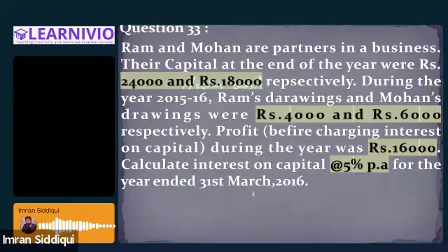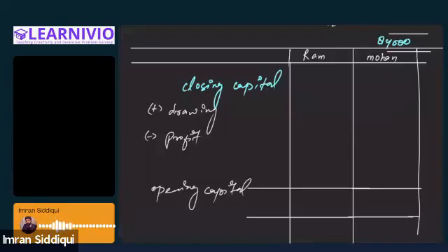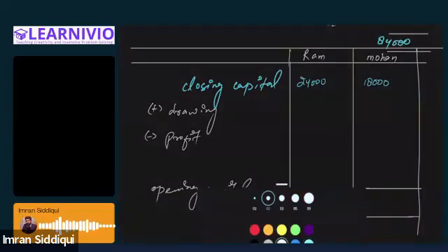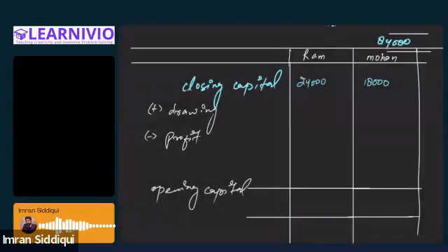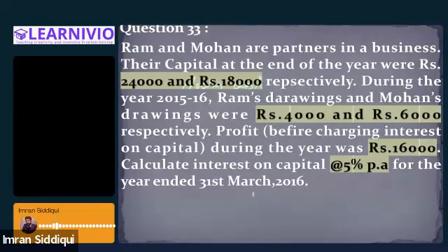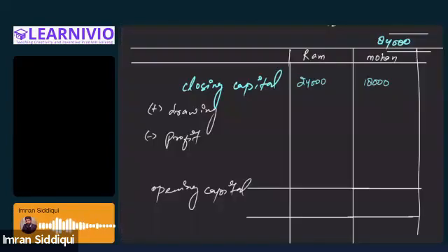Their closing capital is given in the question, 24,000 and 18,000. And to that, we will add the amount of drawing made by both the partners. The drawing made by both the partners were 4,000 and 6,000 throughout the year, right? So 4,000 and 6,000 will be added back.